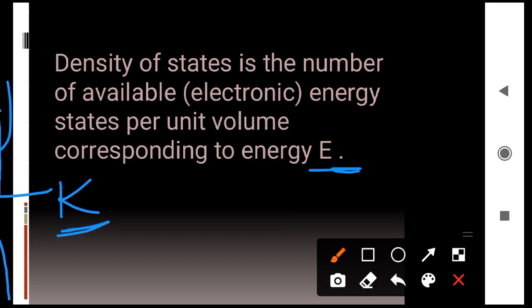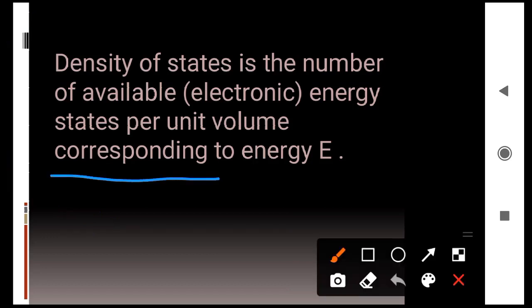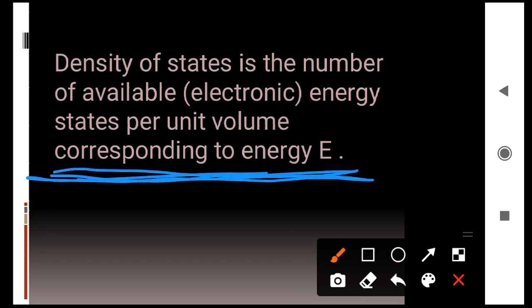When I calculate my density of states at this energy value, then I get some value of density of states. This means density of states is corresponding to energy E. That's why I use this line in my definition.